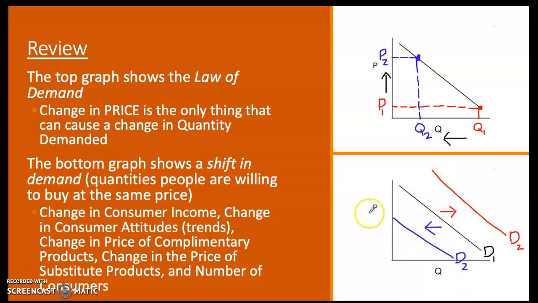Now, when I say a shift of the demand curve, it's an actual movement. So you can see here, if we're looking at the graph at the bottom of the screen, the black demand curve labeled D1, this is, let's say, our original demand curve, if you will. Now, if we're looking at the red arrow going to the right with the drawing of the new red demand curve labeled as D2, this is showing us an increase in demand, okay?